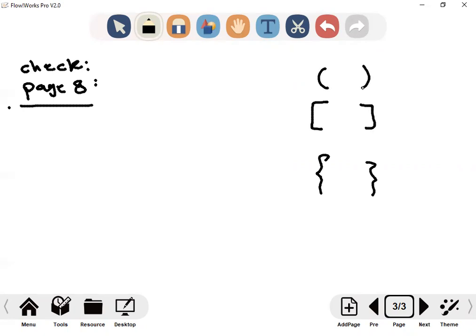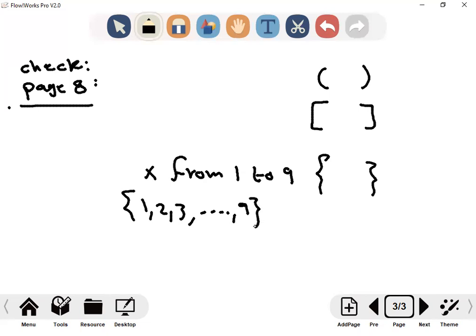Before I start with this check, guys, take a look here. When I say x from 1 to 9, I can express this in many ways. I can say 1, 2, 3 until 9. This is the set.